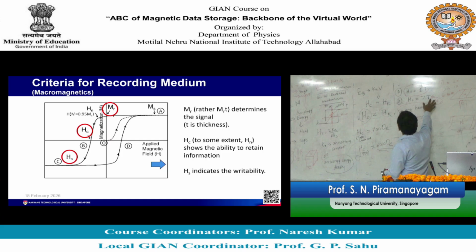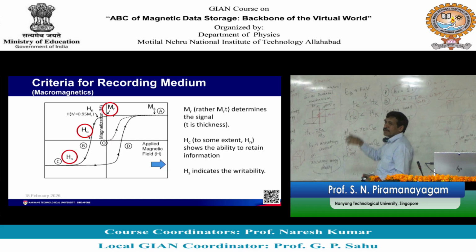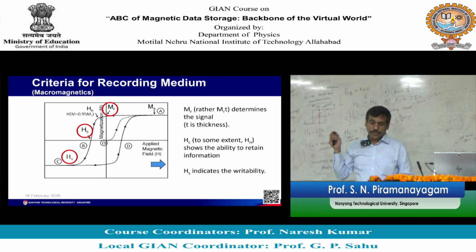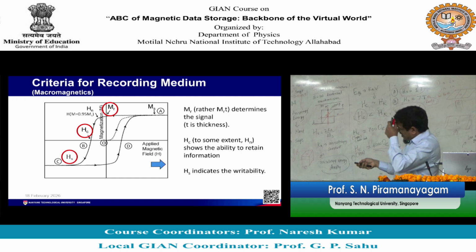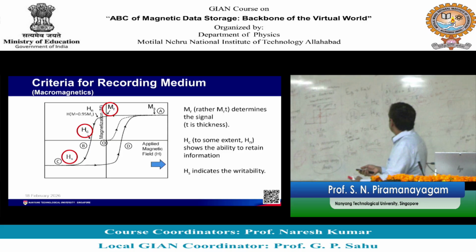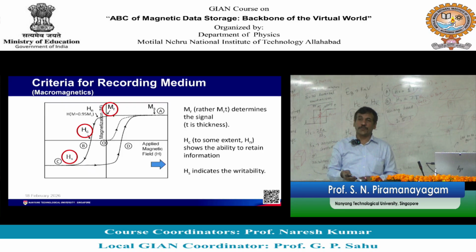So, in those media you cannot use this writing technology. Later I will introduce this again. If your Hs is too high, that means you cannot write information, because we have some limitation in the field produced by the writing head.